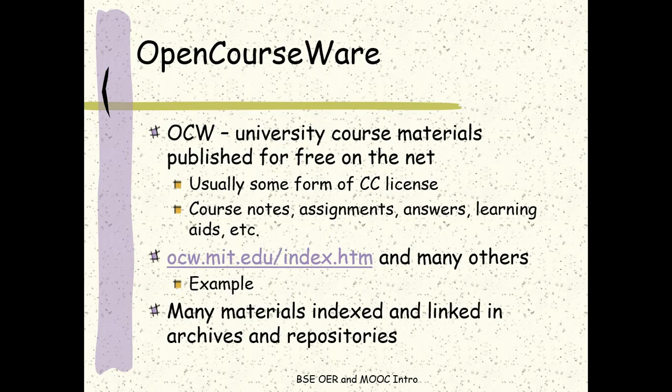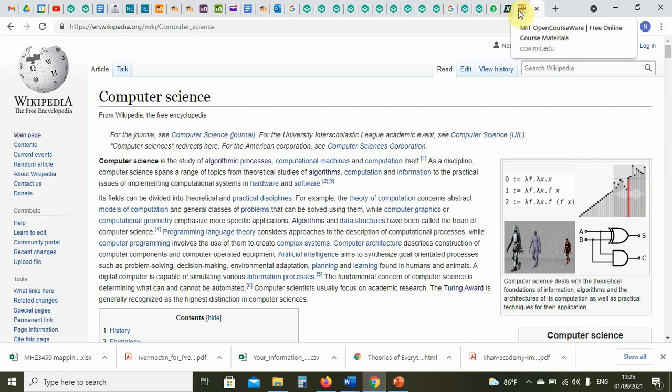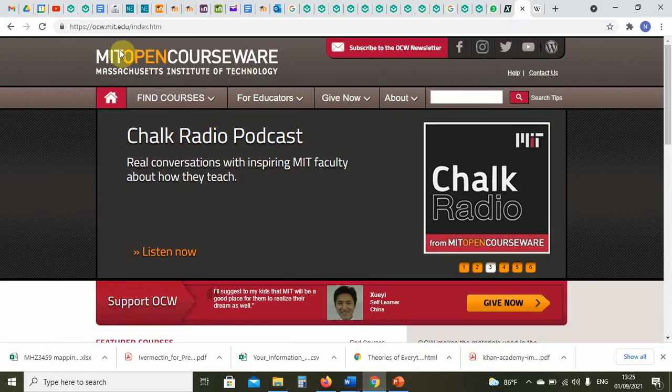Open Courseware is something that takes educational material and puts it out for free on the internet from university courses, right? So let us take another quick look. MIT was the first university to put its materials out on the internet for free.